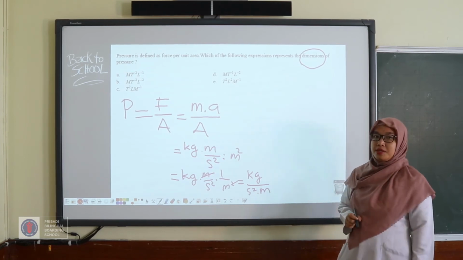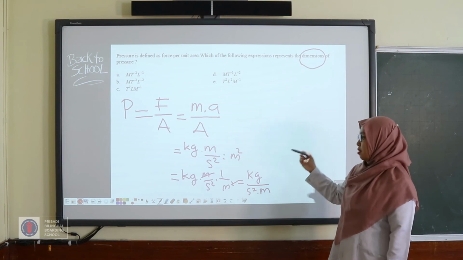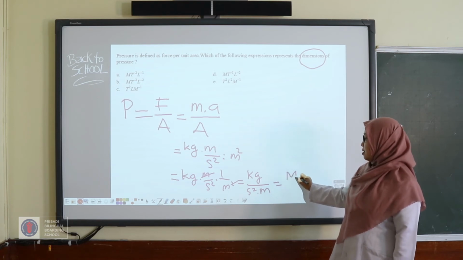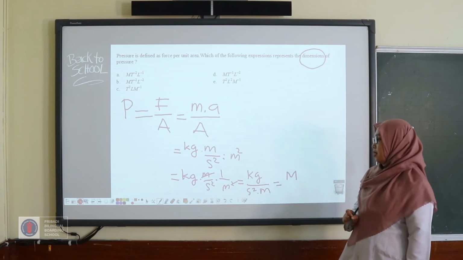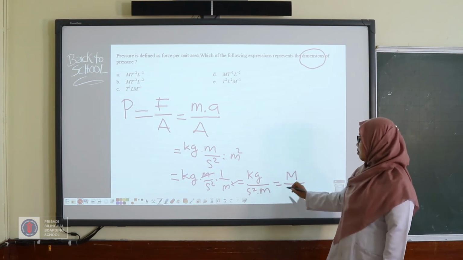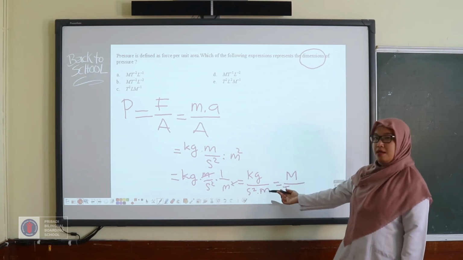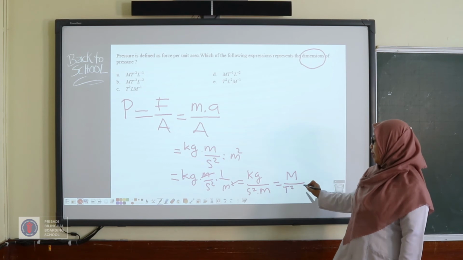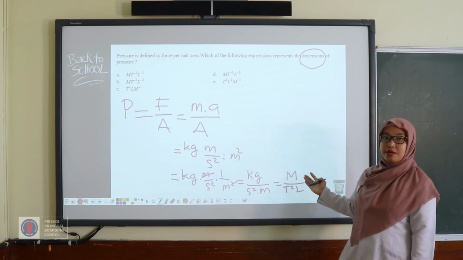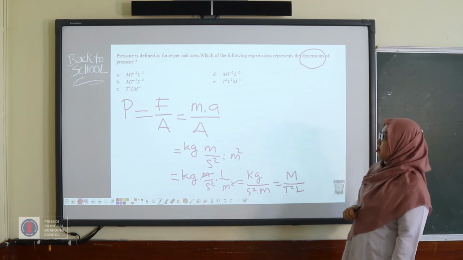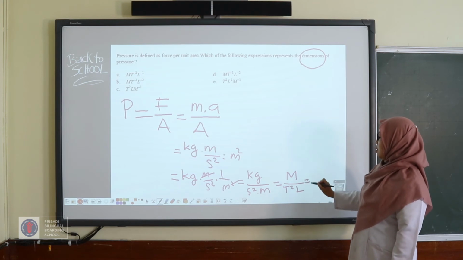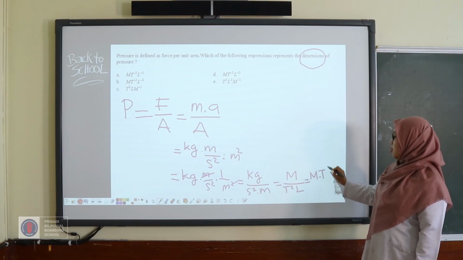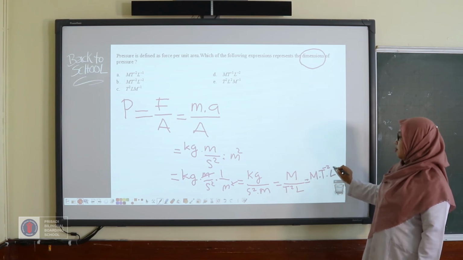We can write the dimension by using the quantities of these units. Kilogram is the unit of mass, so we write it as M. Second is the unit of time, so we write T squared. And the last one, meter, is the unit of length, so we write it as L. We have to make it into exponents: M times T to the power of -2 times L to the power of -1.